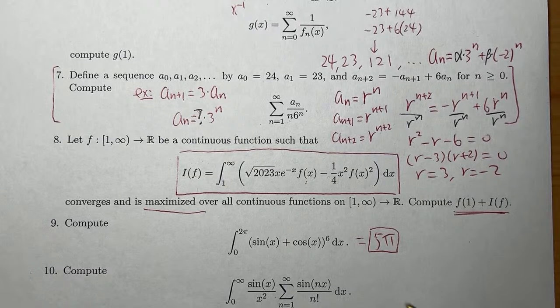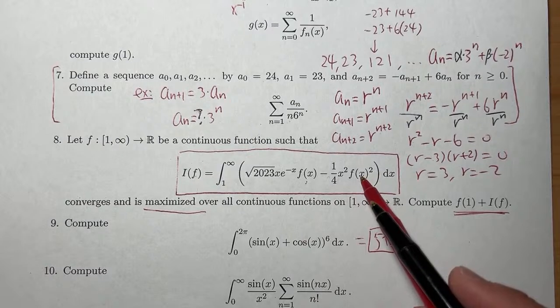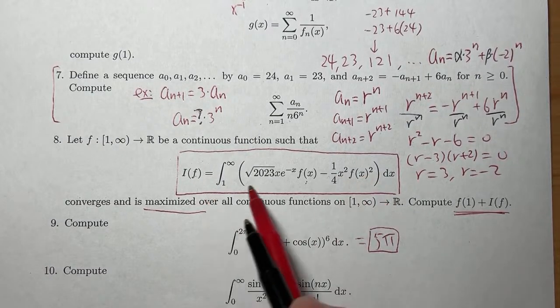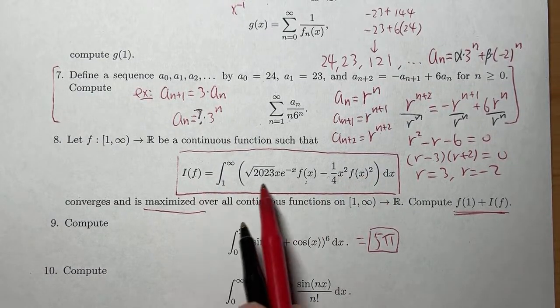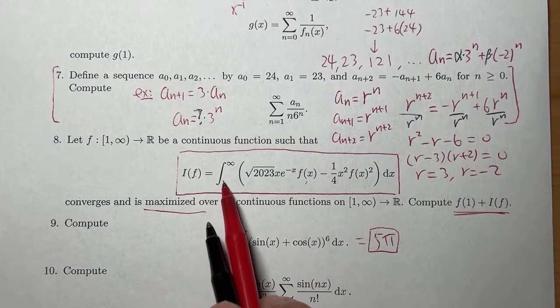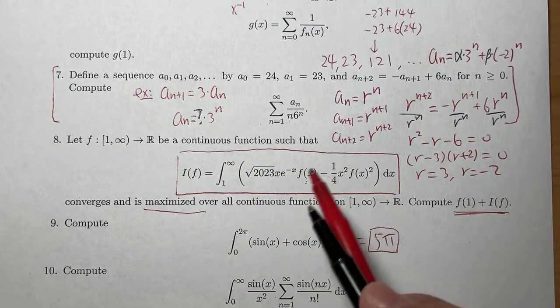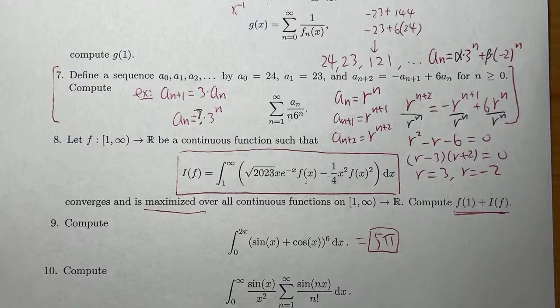Isolate f of x from here. How can we do that? Because we have this inside of the integral, and this integral goes from 1 to infinity, so we cannot just differentiate both sides and get rid of the integral. Does not work for that.